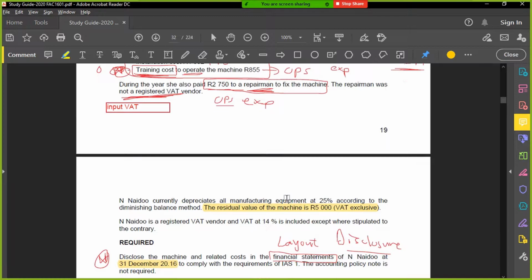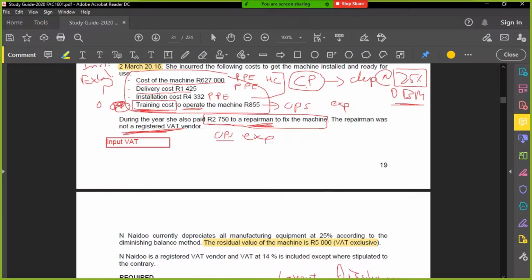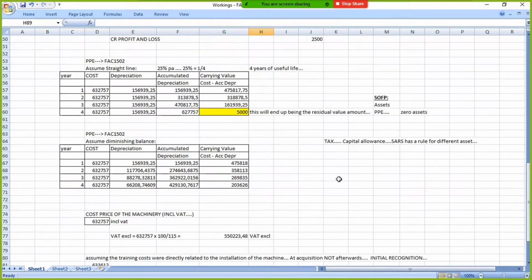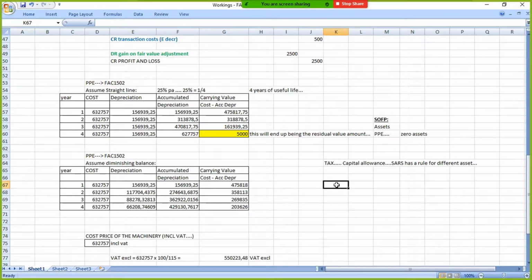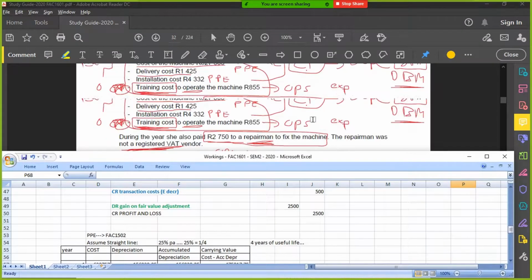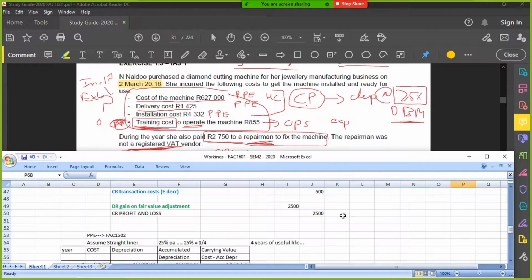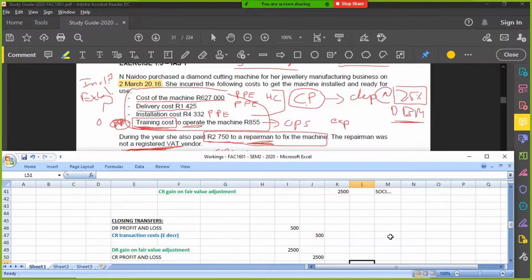Perfect. Okay, good. So let's draw the diagram. What is the start? What is the end? March was during the year.